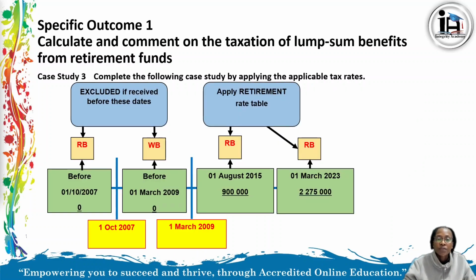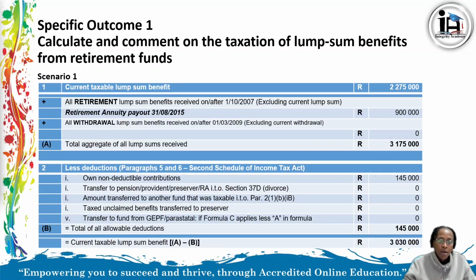So in this case study, you first have to complete the following by applying the applicable tax rate. If the amount is received before these dates, retirement benefits, withdrawal benefits, the dates are there, and then you apply the retirement rate table for retirement benefits from 1st March 2015 to 1st March 2023, the amounts are there. So number one, we find the current taxable lump sum benefit, which is 2,275,000.